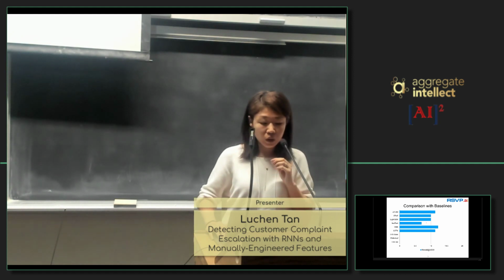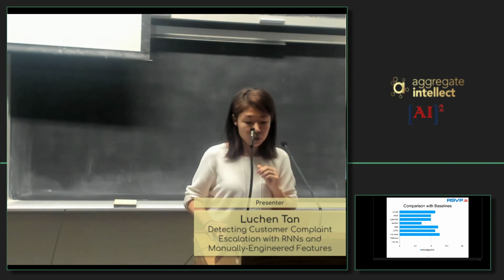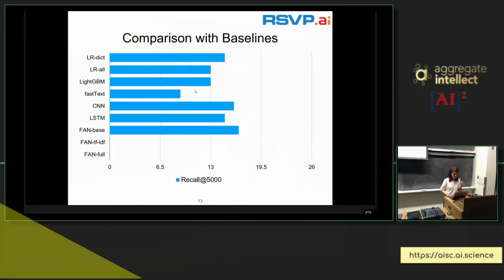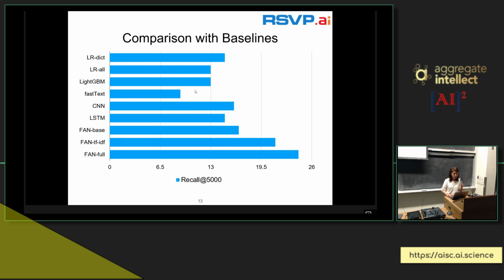And then this is our FAN base model, and it beats all the baseline models. When we add in the TF-IDF, it gets even higher, boosting the performance. And the full model, which means we add in TF-IDF vectors and also the external features, is the best model that we tested.